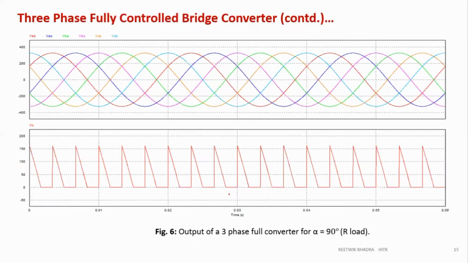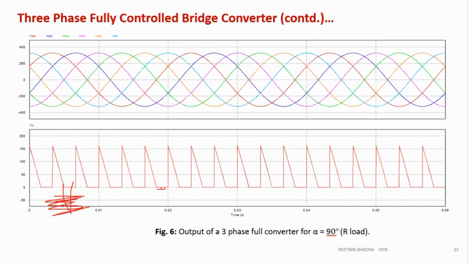At 90 degree, the negative portion that would have appeared over here is removed, because there is no inductor. If there is an inductor, only then the negative portion would exist. So the negative portion which we were getting beyond 60 degree firing angle will be 0, since it is an R load.